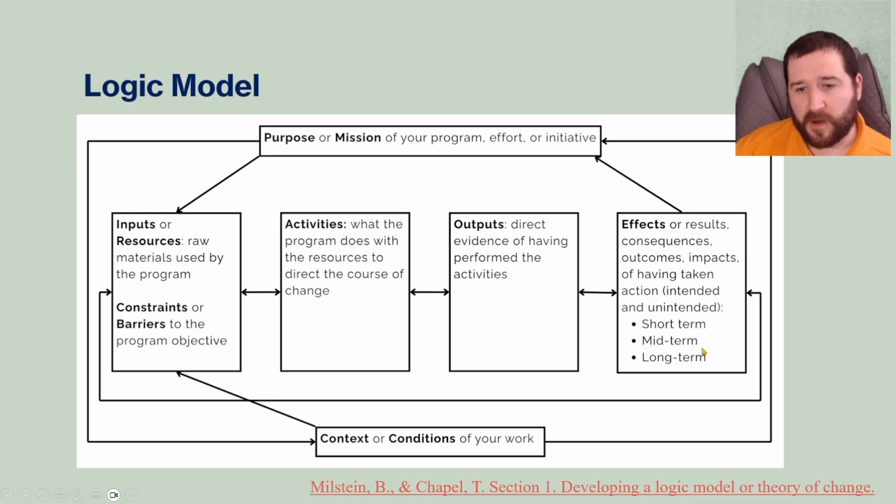Whether in the short term, midterm, or long term, these outputs of our program are having an effect that we want to measure. And then finally at the bottom here, we have the context or conditions. So this is an example of a logic model and a layout. There are a couple different layouts, but this is the one we'll be using this week for our class. And we're going to look at each one of these parts next.